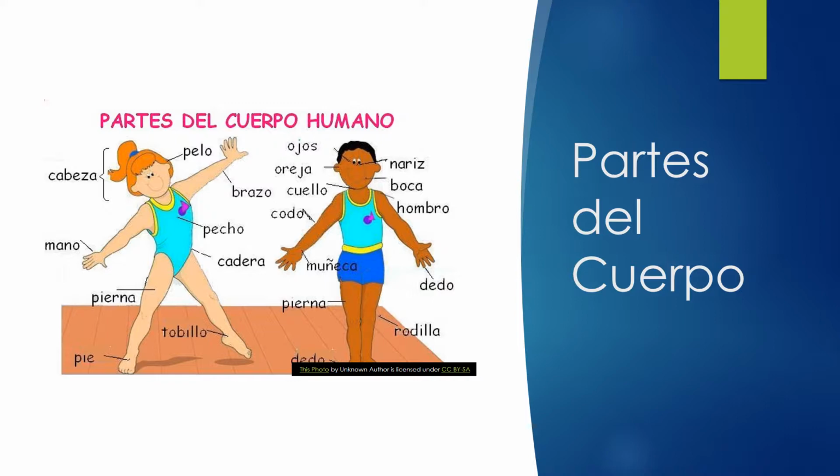Ojos, eyes, nariz, nose, oreja, ear, boca, mouth, cuello, neck, hombro, shoulder, codo, elbow, muñeca, wrist, dedo, finger, rodilla, knee, dedo, your toe. Another way to say toe is dedo del pie, literally a finger of your foot.